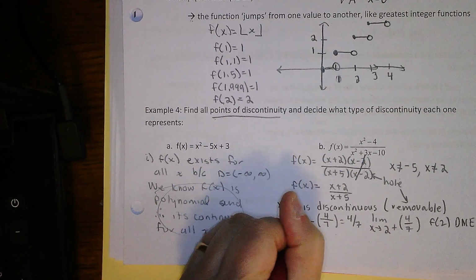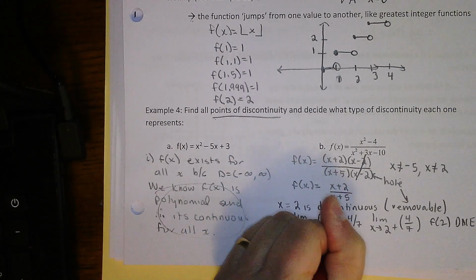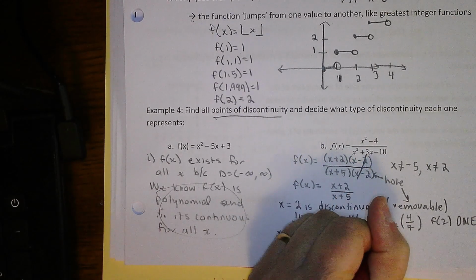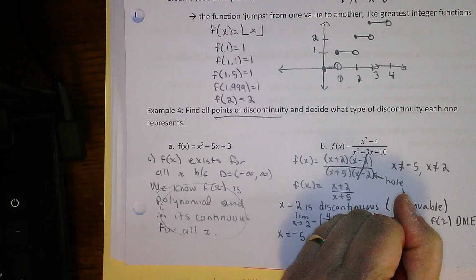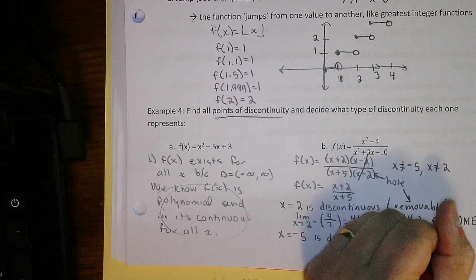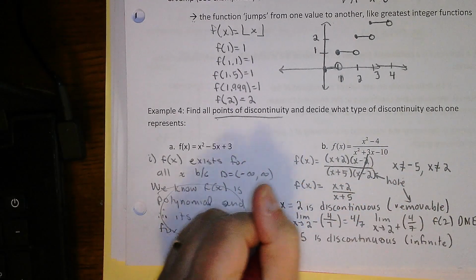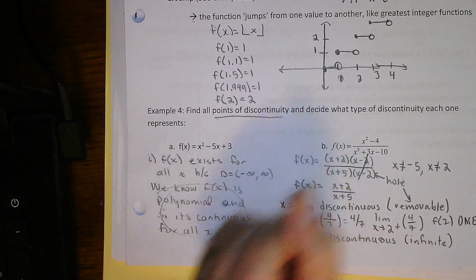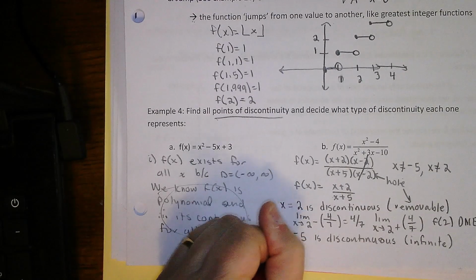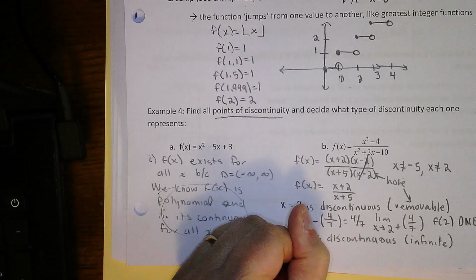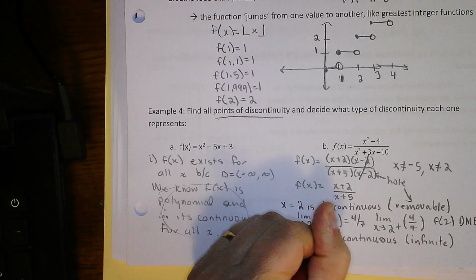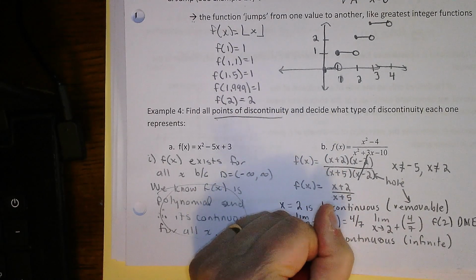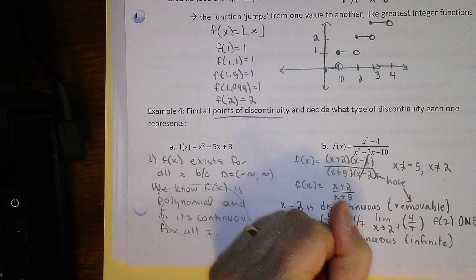At x equals -5 it is discontinuous, because that is going to be an infinite discontinuity. I can show you the limit, but first just remember that's going to show up as a vertical asymptote. Factors that don't cancel show up as vertical asymptotes, but we could do this. The limit as x approaches -5 from the left would be -3 if you plug -5 in there, and then -5 from the left is going to give you a small negative, so that's positive infinity.